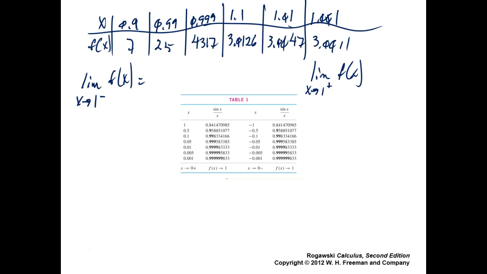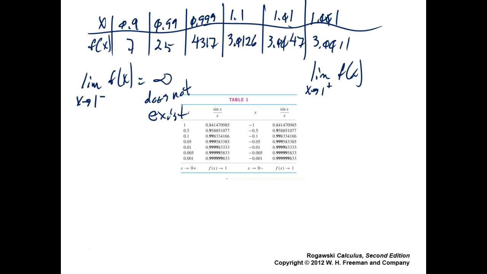And look at the values for f. They're blowing up. So this is not right notation, but some people would write positive infinity. I would say it does not exist. Okay? Because it's getting big. It's not approaching anything. It's getting enormously large.